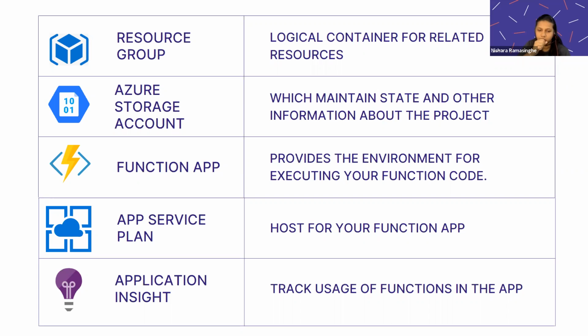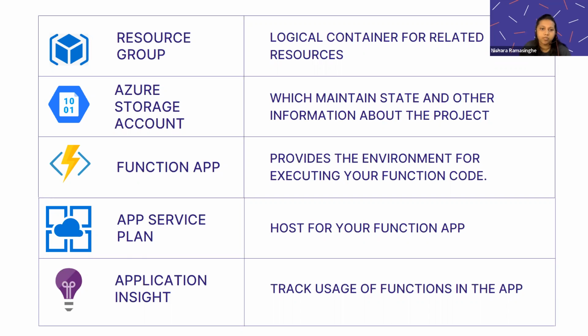And then for the hosting we have to use an app service plan. And then the last one is Application Insights, which is connected to our function app, and it tracks the usage of your functions mainly.